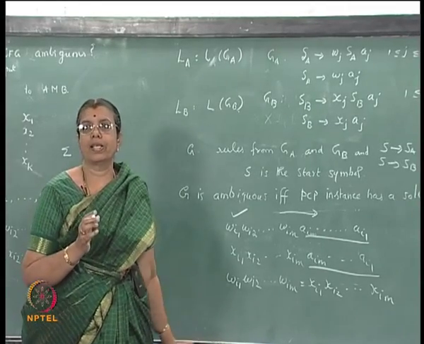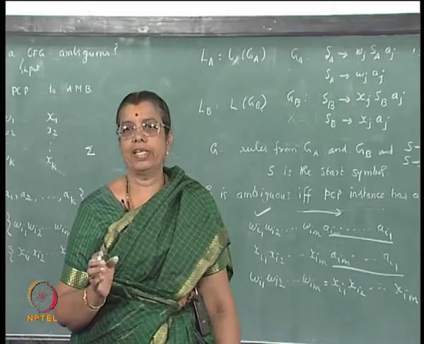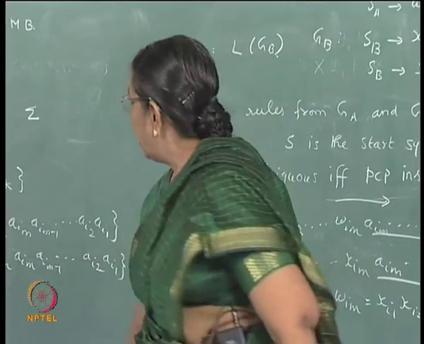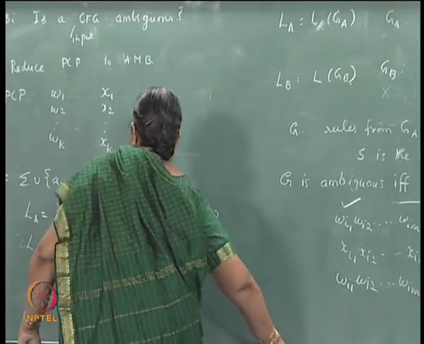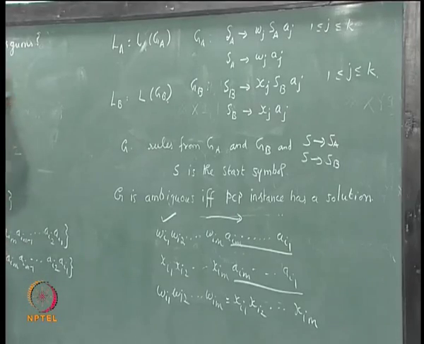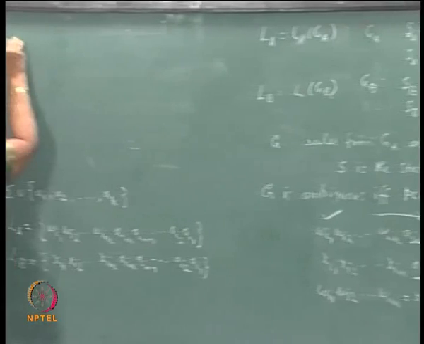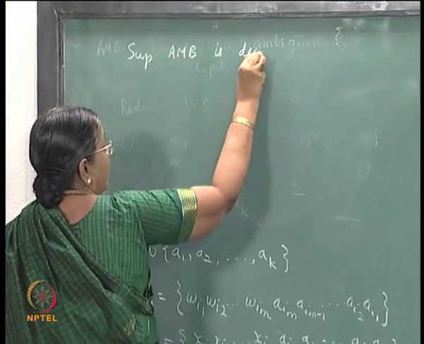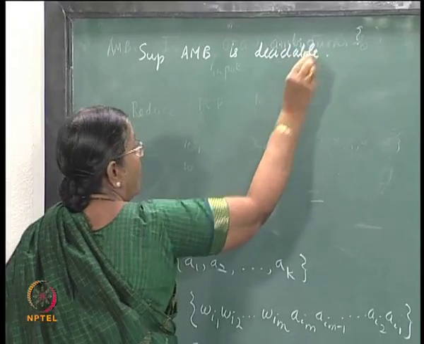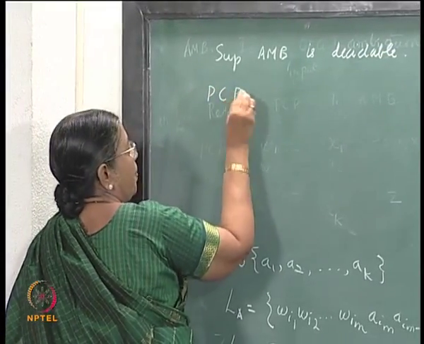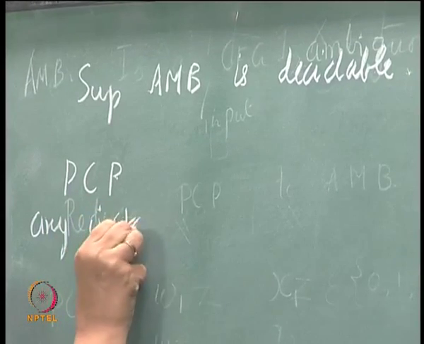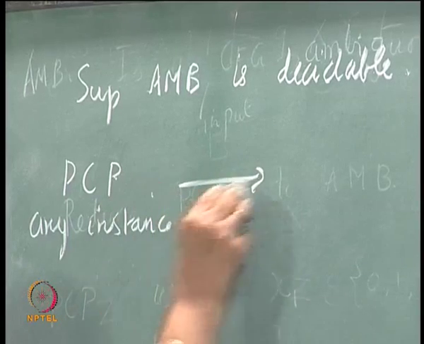So, suppose the ambiguity problem for context free grammars is decidable. Then what happens? For any instance of PCP, from that instance construct G by this method.